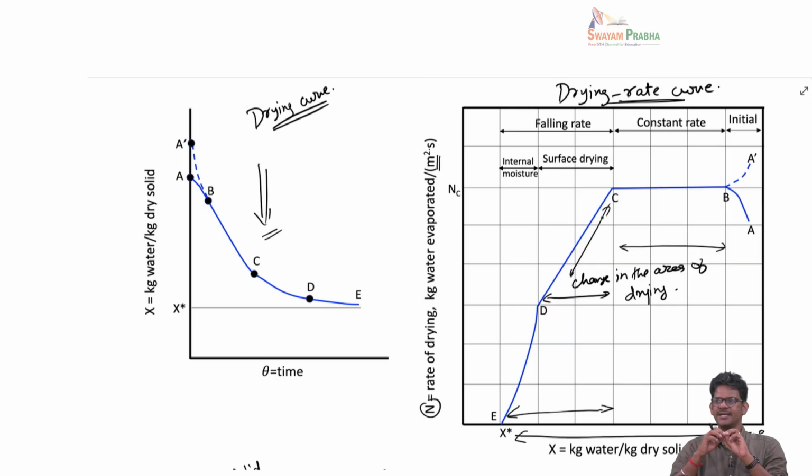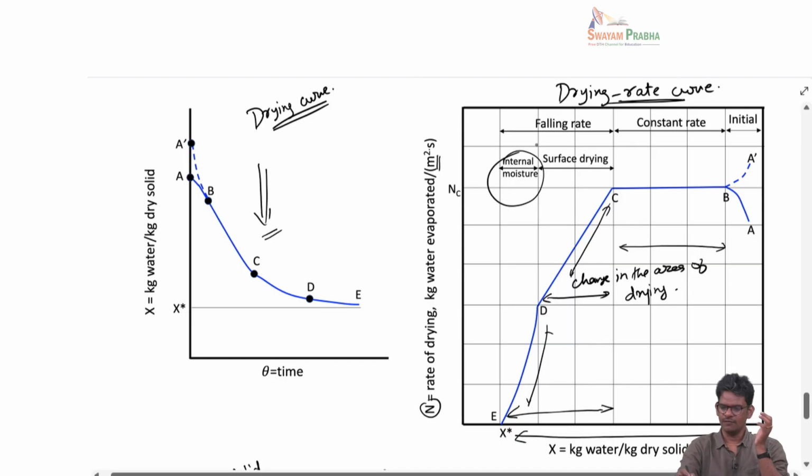Now, I already said the moisture inside the body is called bound moisture, and the bound moisture is kept inside the capillaries, inside the microstructures, due to strong interaction between the water and the interior surface, and that water will have to come out. Okay. So, then we are talking about mass transfer rate limited by the internal diffusion of water from the interior to the surface. Okay. And that is what we say is the drying of internal moisture.